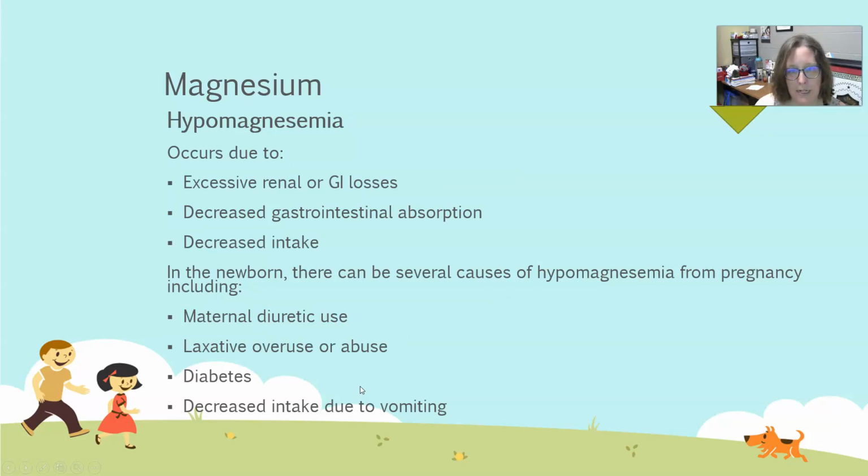Hypomagnesemia, so low magnesium levels, could occur due to excessive renal or GI losses, decreased gastrointestinal absorption, so especially if the GI tract's really inflamed, or decreased intake.